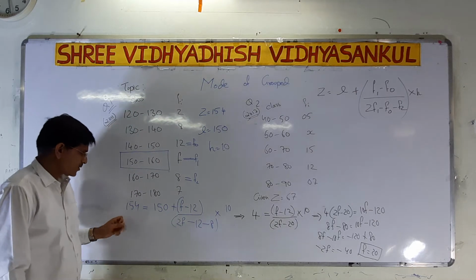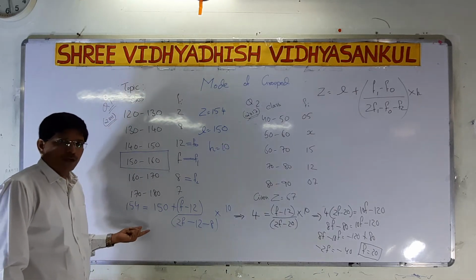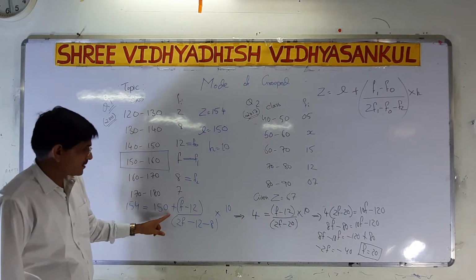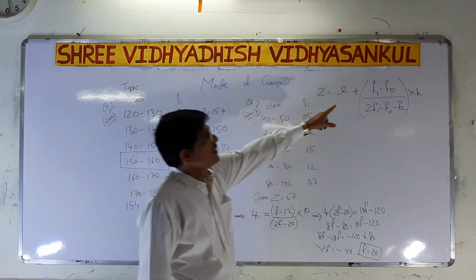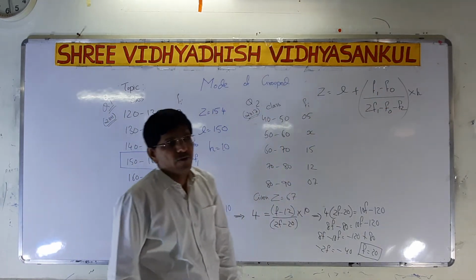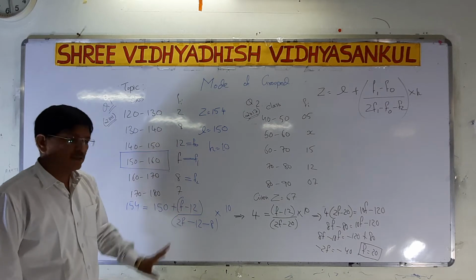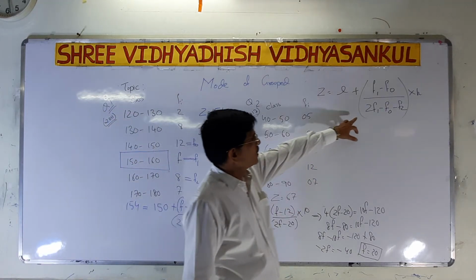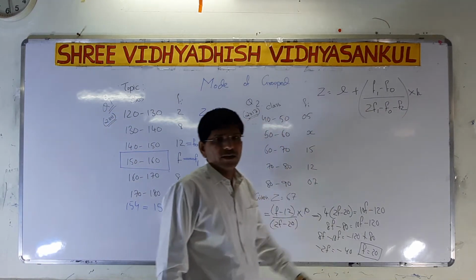So now, first of all, 154 is equal to 150 plus (F1 minus F0) divided by (twice F1 minus F0 minus F2).